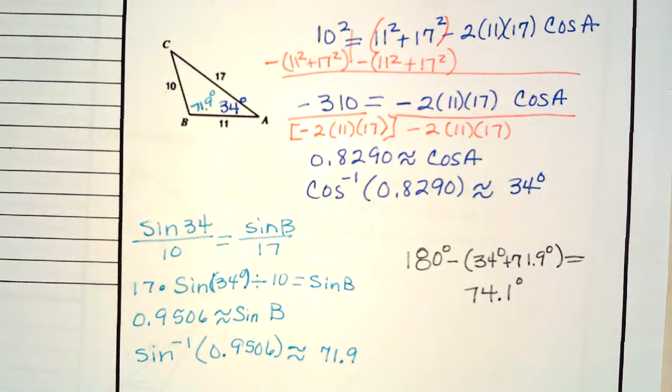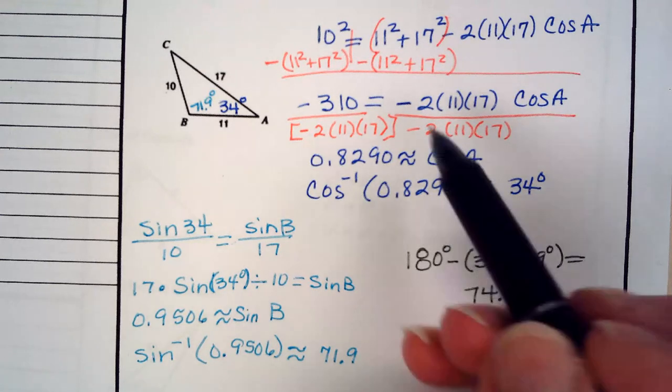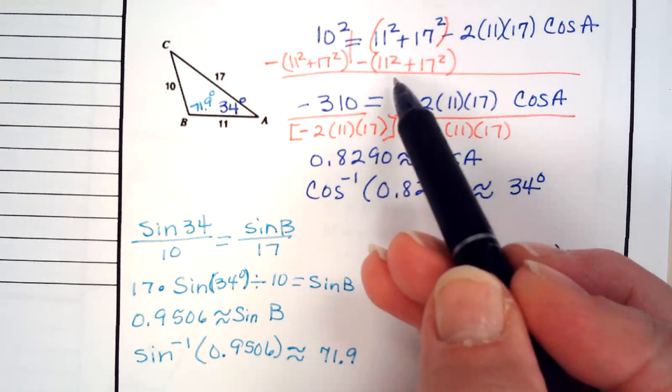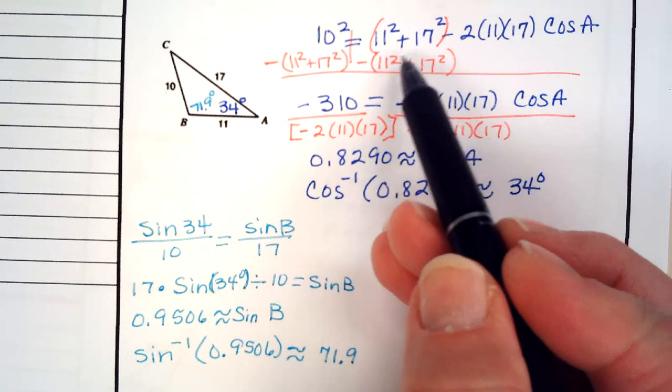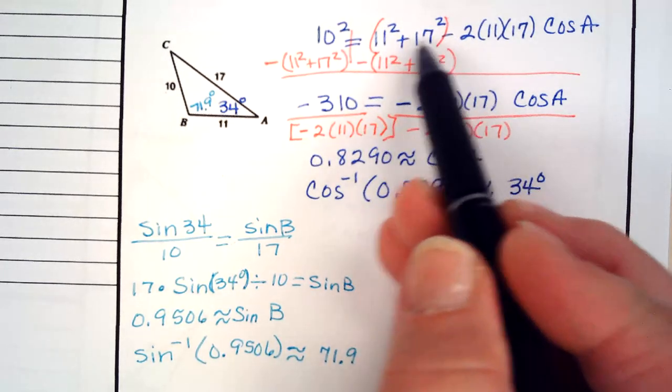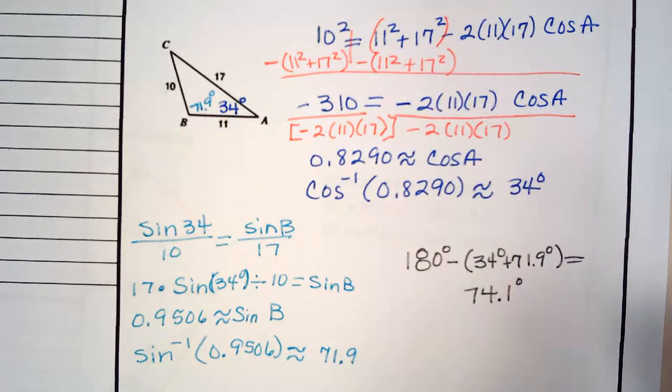So, law of cosines, if you're looking for a side, it's fairly easy. You just plug and chug. You put all the numbers in, square root the whole thing at one time, and you're done. If you're looking for an angle measure, there are several steps you have to do. You're going to subtract this number from both sides.